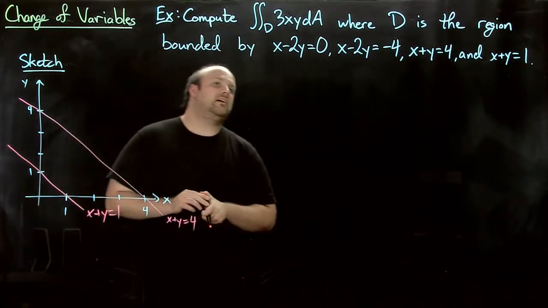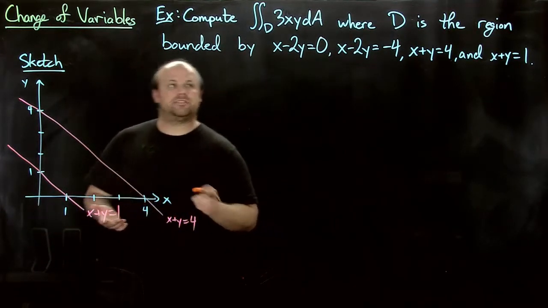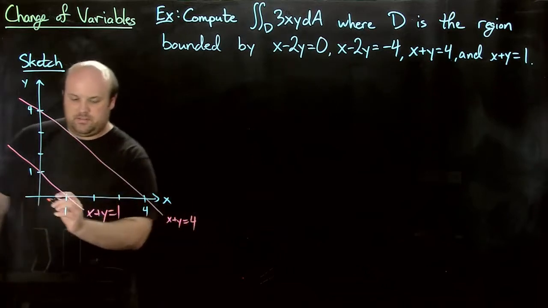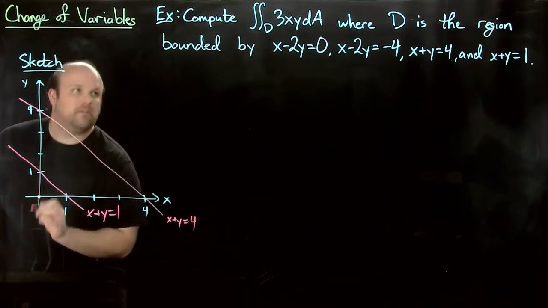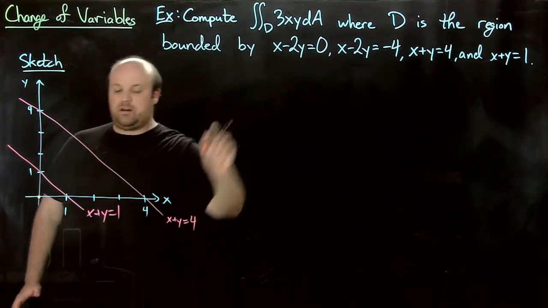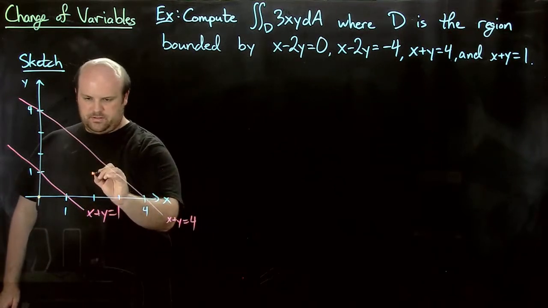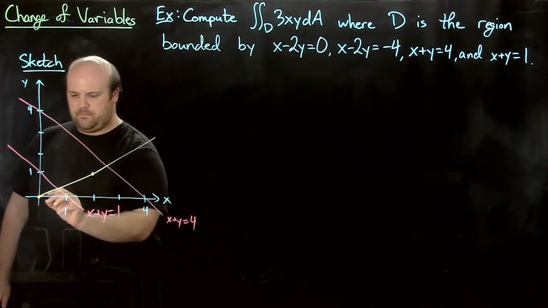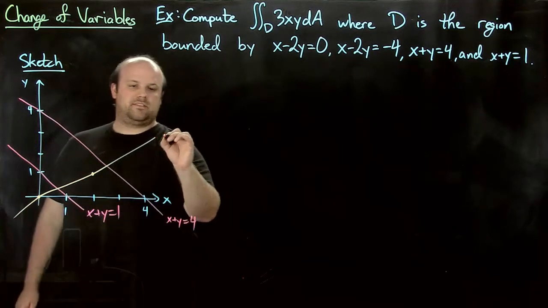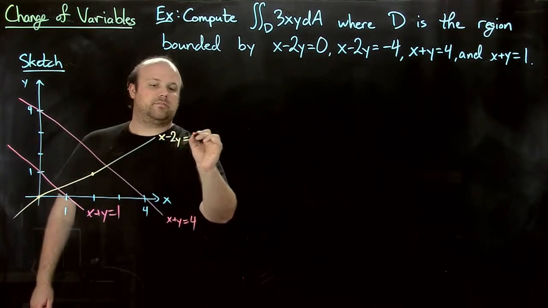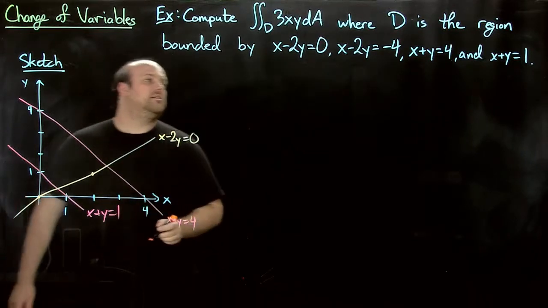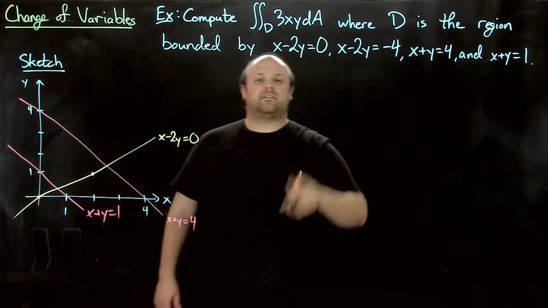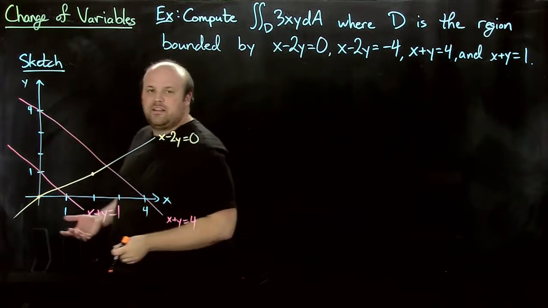Well, we have x minus 2y equals 0. So that starts here. And then if x is 2, y is 1. So we get a line like this. This is x minus 2y equals 0. And then x minus 2y equals negative 4 is parallel to that.